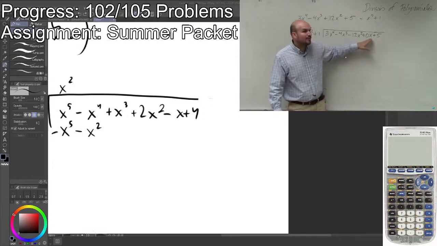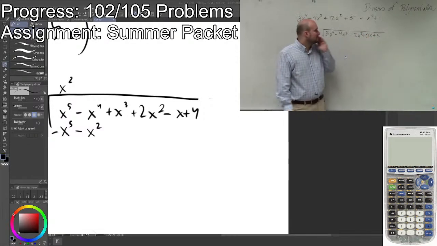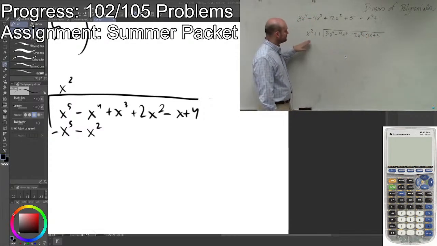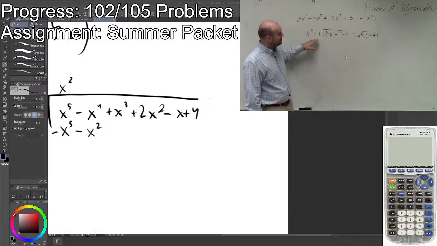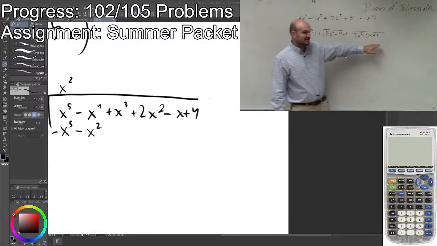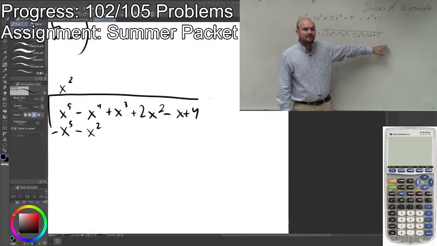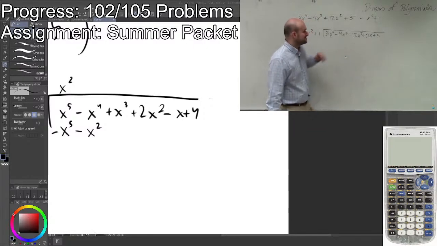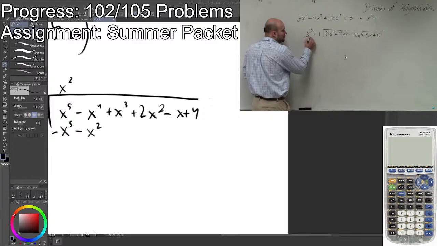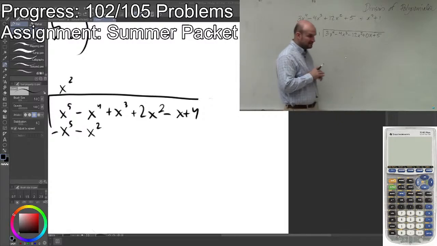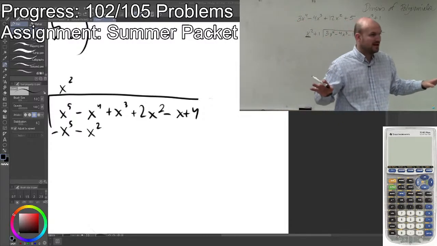So I want to represent this, and I'll show you why. When you're dividing this, we're going to use the same process we did with long division of numbers. But you're only going to use your x squared as your divisor. That's it. You're not going to use the rest of the polynomial.